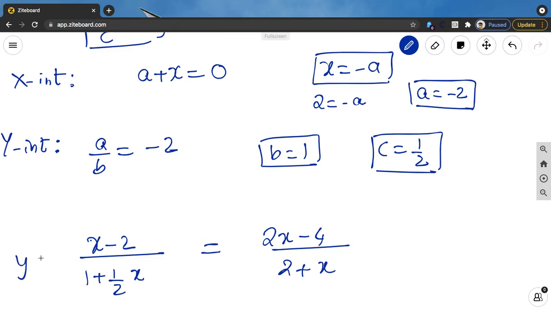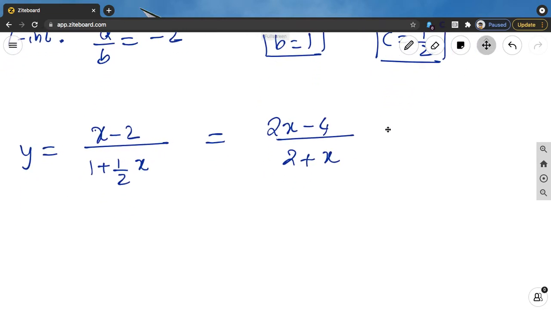This is my function. How do I find the horizontal asymptote? Horizontal asymptote means where does the function go when x becomes very large? So I will rewrite this as (2 - 4 by x) upon (1 + 2 by x).